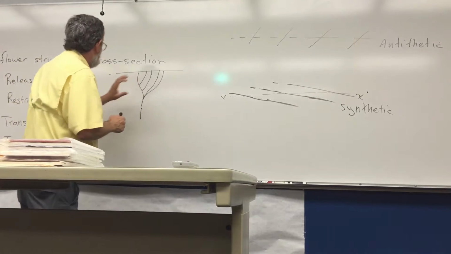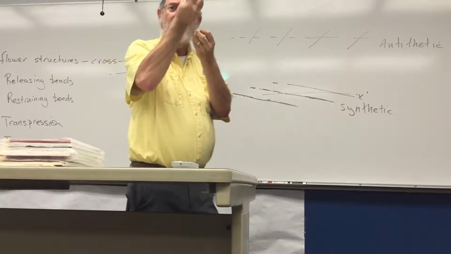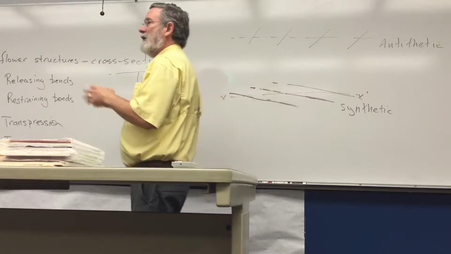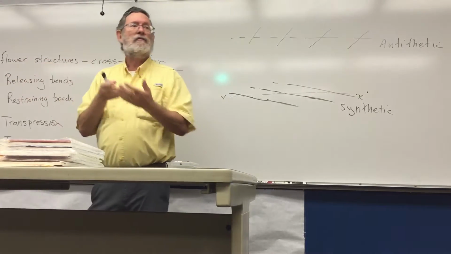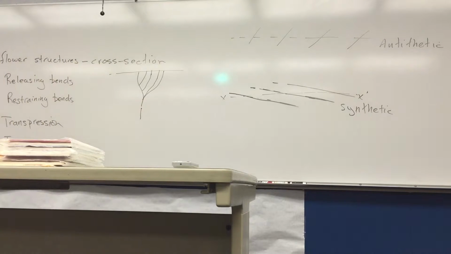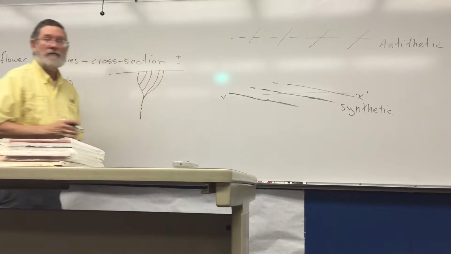If we have localized a little bit of compression where we're seeing some uplift associated with it, we're going to call it a positive flower. If we have a little bit of extension associated with it, and we tend to be forming a downwarp, we're going to call it a negative flower structure. So these can be both positive and negative in nature.